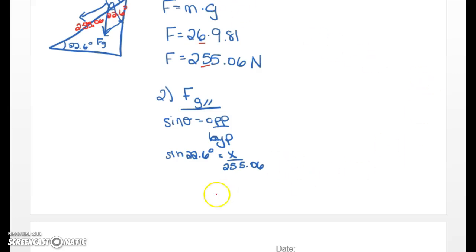In order to solve this, we can write sine of 22.6 over 1, and then we can cross multiply to solve. So we can go sine of 22.6 times 255.06 in your calculator, and this will be a rounded value, but you should get 98.02 as that opposite side right here.